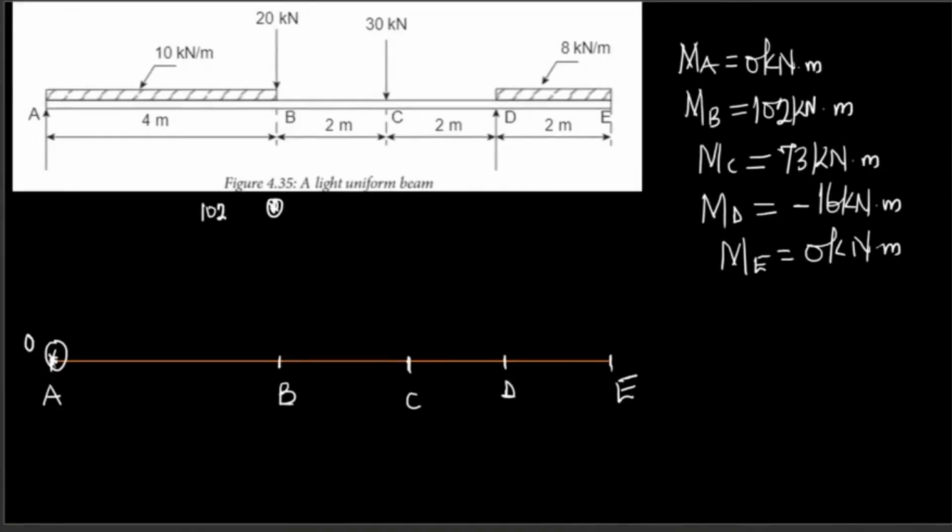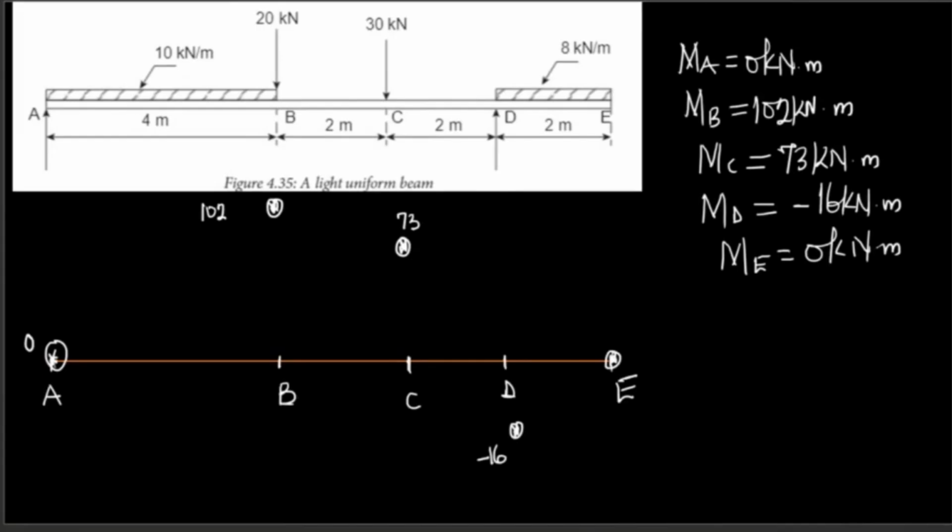That's the maximum bending moment. Bending moment at C is 73. Bending moment at D is minus 16. You put your minus 16 here. Bending moment at E is 0.